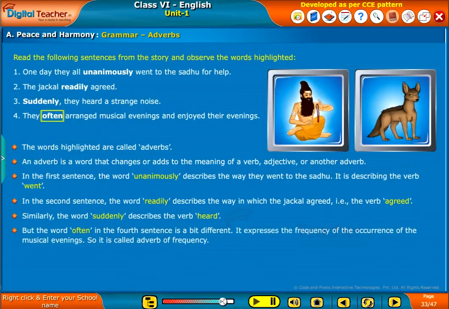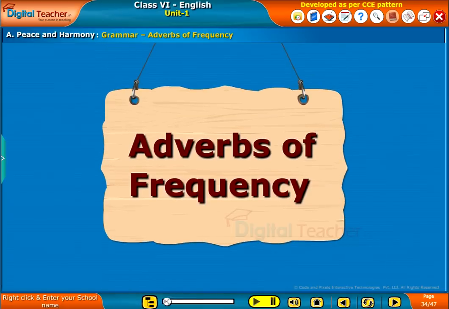But the word often in the fourth sentence is a bit different. It expresses the frequency of the occurrence of the musical evenings. So, it is called adverb of frequency. In this section, we will learn about the adverbs of frequency.